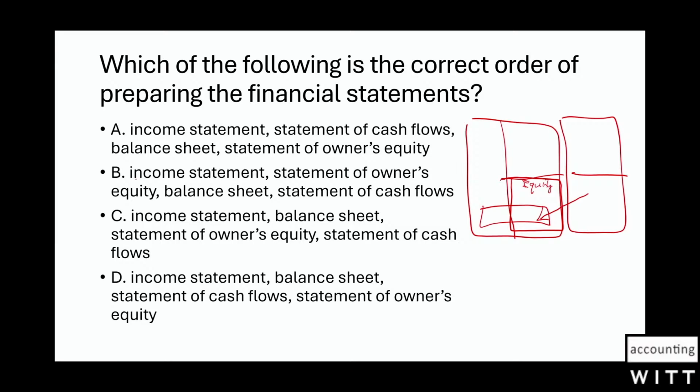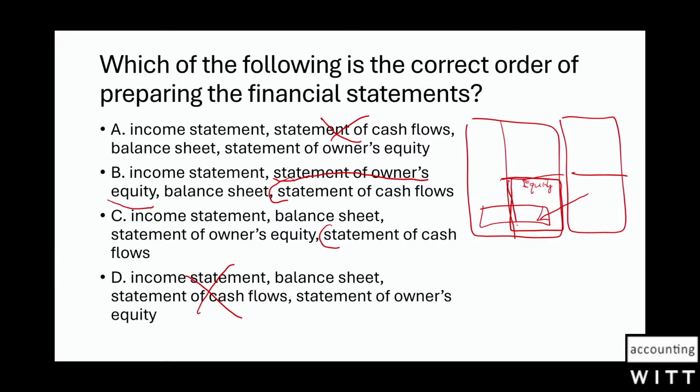Okay, so anyways, we know income statement is first. It can't be this because for the statement of cash flow, everything has to be done before you can do it, because it draws on everything else. So with the statement of cash flow being last, it's either B or C. So it's a question of, does the statement of equity come before the balance sheet?